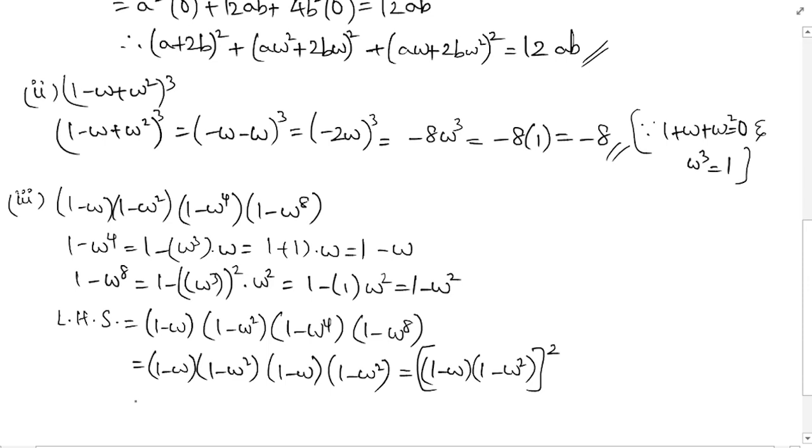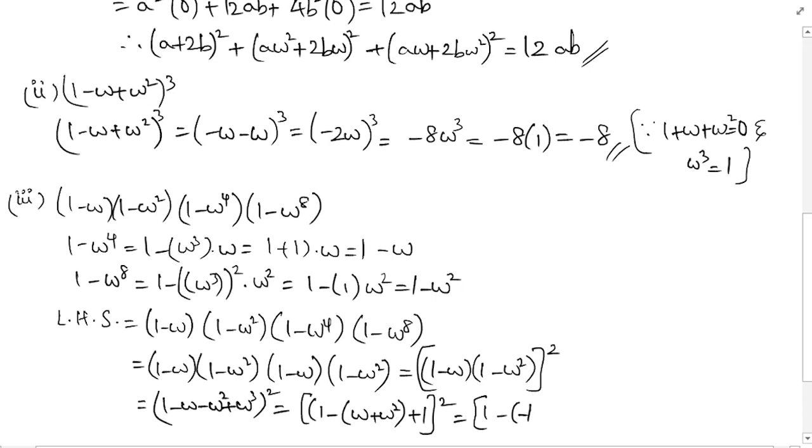This will be again equal to (1 minus omega minus omega square plus omega cube) the whole square, which will be equal to (1 minus (omega plus omega square) plus 1) the whole square, which is equal to (1 minus of minus 1 plus 1) whole square, which is equal to 3 square. This will be 9. So 9 is our answer.